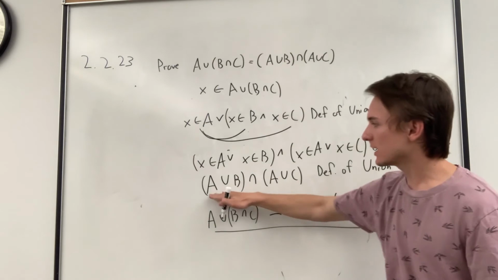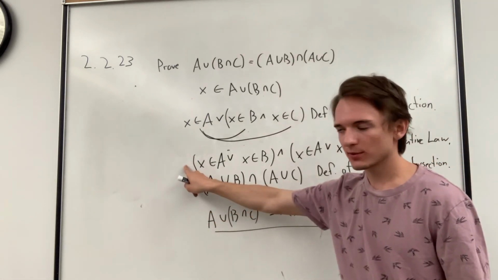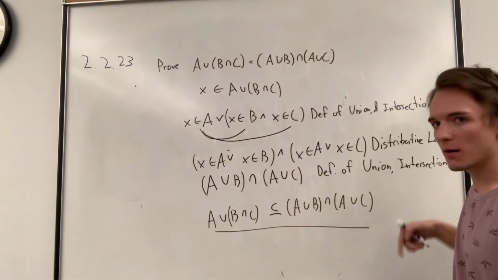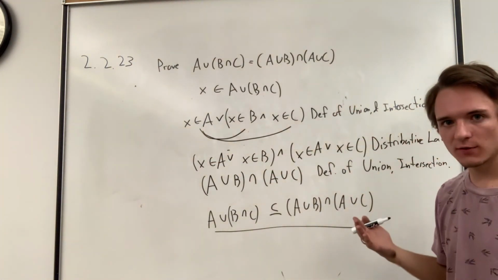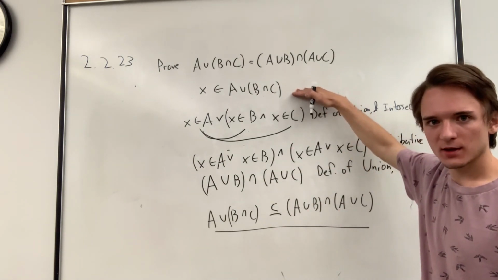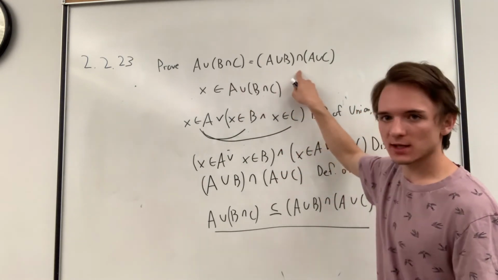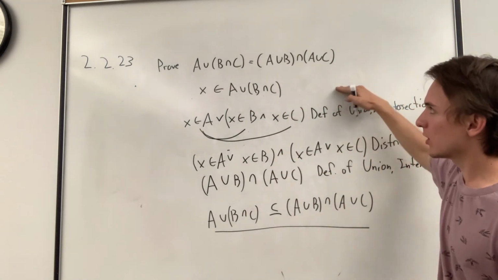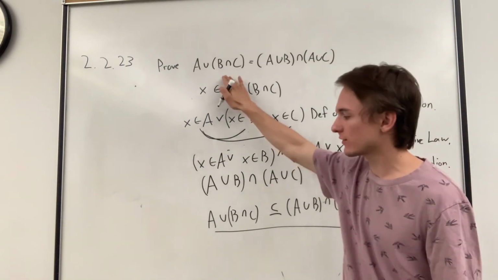So we begin here, we use the definition of union intersection to get this step. Then we use the distributive law backwards to get to this step. Again, we use the definition of union intersection to obtain the left-hand side of the expression. So going down, we have that this expression is a subset of the other. Going up, we have that this expression on the right is a subset of the expression on the left.